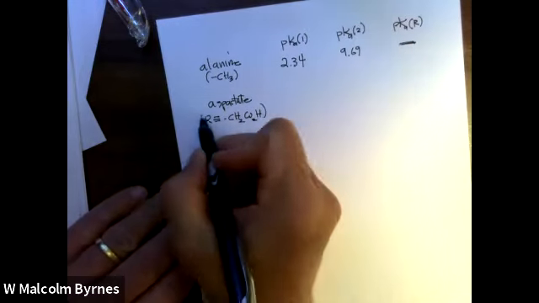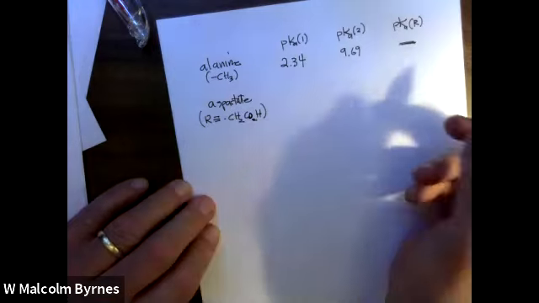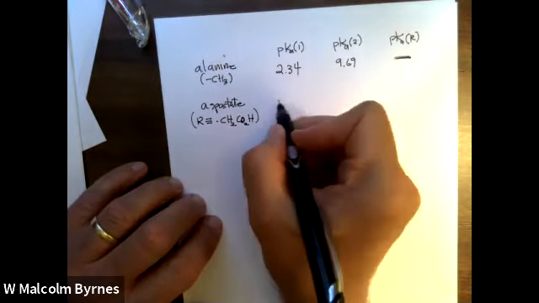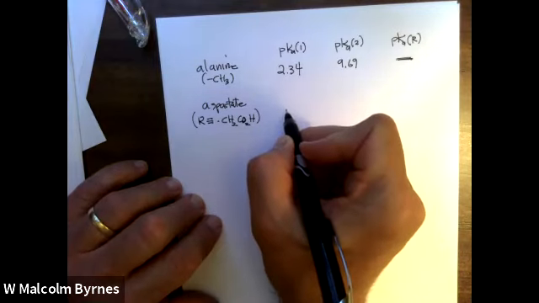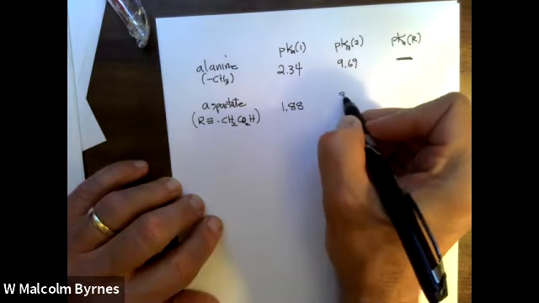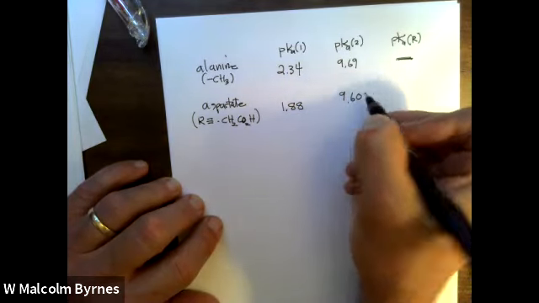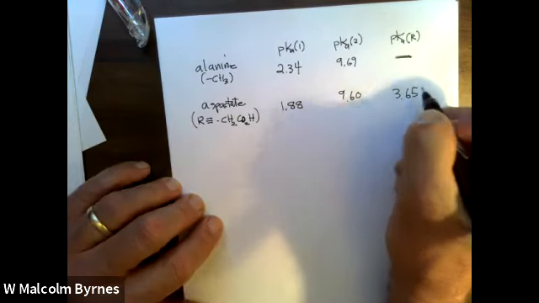And this is ionizable. See this carboxyl group here on the side chain? It can ionize. And so we can write pK values for the alpha carboxyl, which is 1.88, for the alpha amino, which is 9.60, and also for the side chain, which is 3.65.